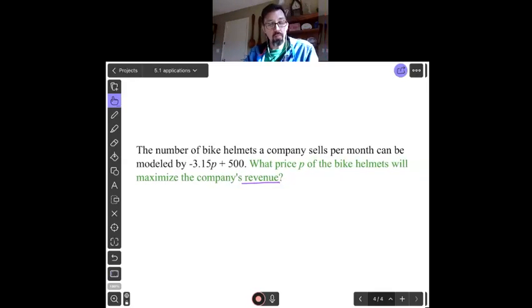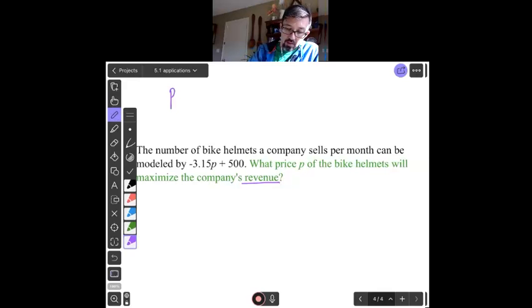If I want to figure my profit, then I have to figure out how much I bought the pencils for, and other things like that. But revenue is purely the price of an item times the number of those items sold.